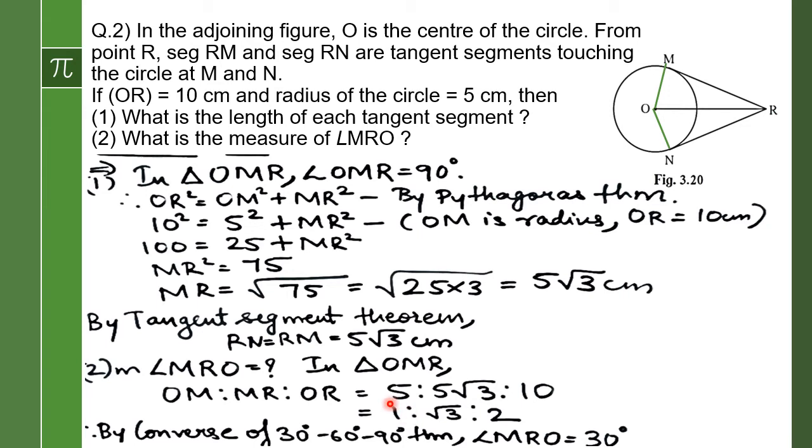The side opposite to ratio 1 is 30 degrees, opposite to root 3 is 60 degrees, and opposite to 2 is 90 degrees. So angle MRO is the angle opposite to MO, and hence the angle is 30 degrees, because it corresponds to 1 in the ratio.